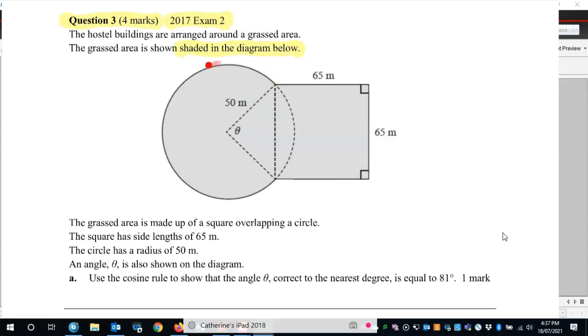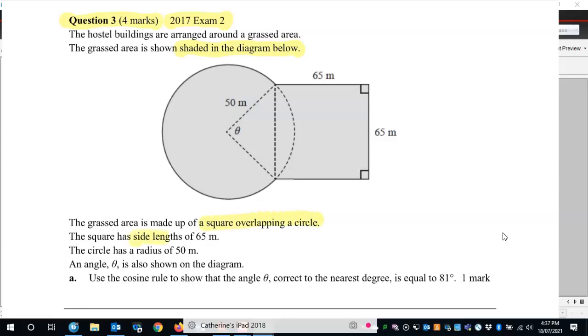You can see here's a circle, there's a square, there's a triangle with an angle there. The radius of that circle is 50 meters.